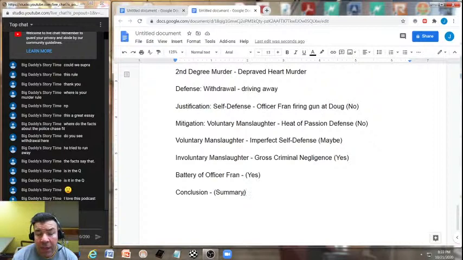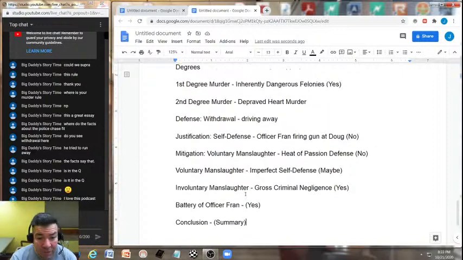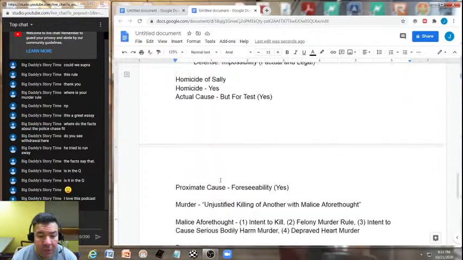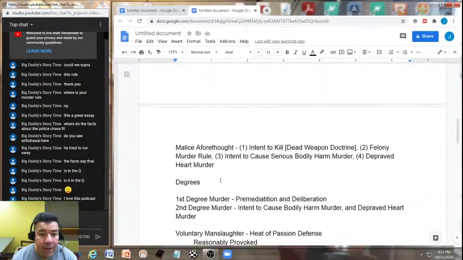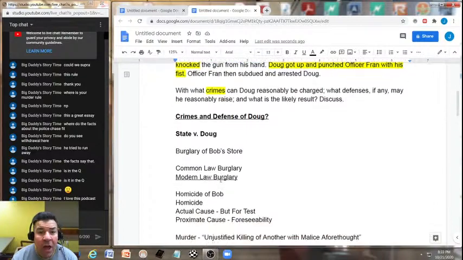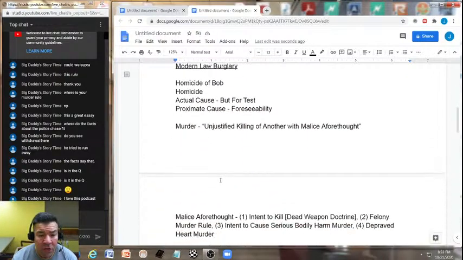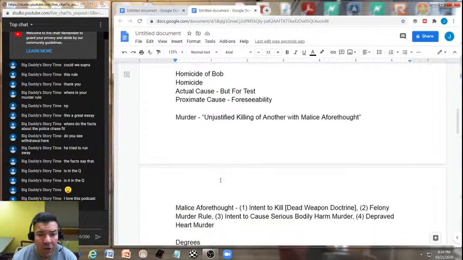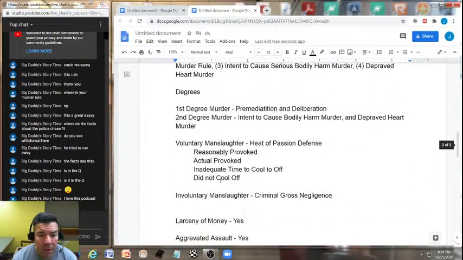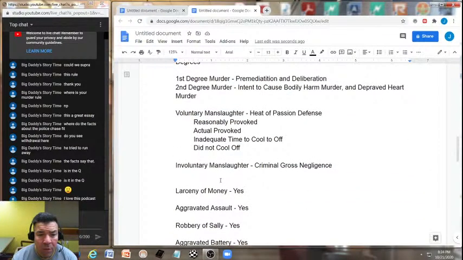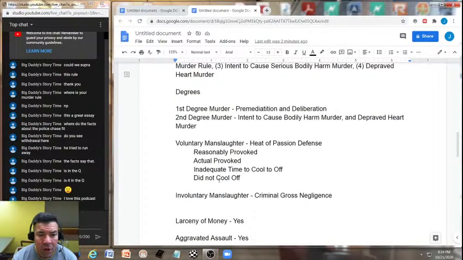Yes. And then we want to follow it up with an additional statement concerning defenses. Does Doug have any defenses he could bring up? Well, it does. Even though he might be able to bring up some defenses, those defenses appear weak, and possibly not viable in a lot of situations. For instance, the situation involving homicide of Bob, there really wasn't a defense up here, except for possibly heat of passion, which failed.